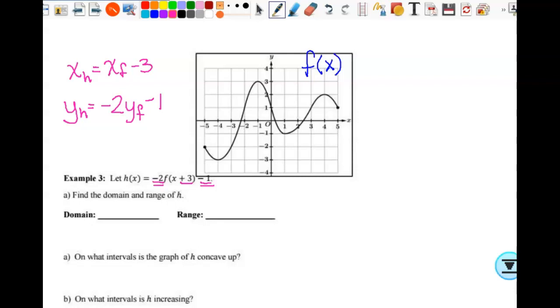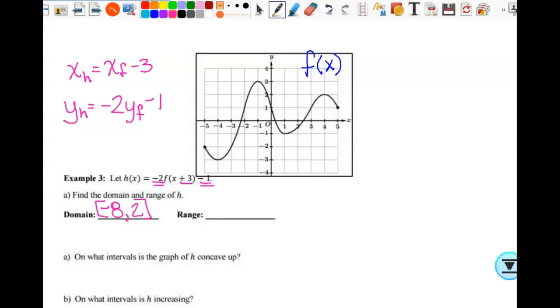All right, so my domain. I know that my domain starts for f at -5, which I include, but then I have to subtract 3, so that gives me -8. F ends at 5, but then I subtract 3 and I get 2. Right?